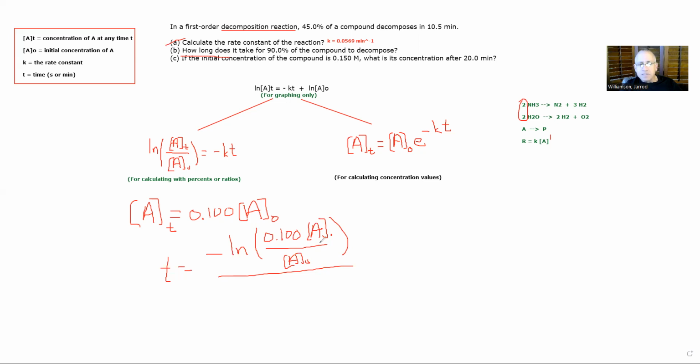And k happens to be 0.0569 minutes to the minus 1 power. The A naught cancels with the A naught.